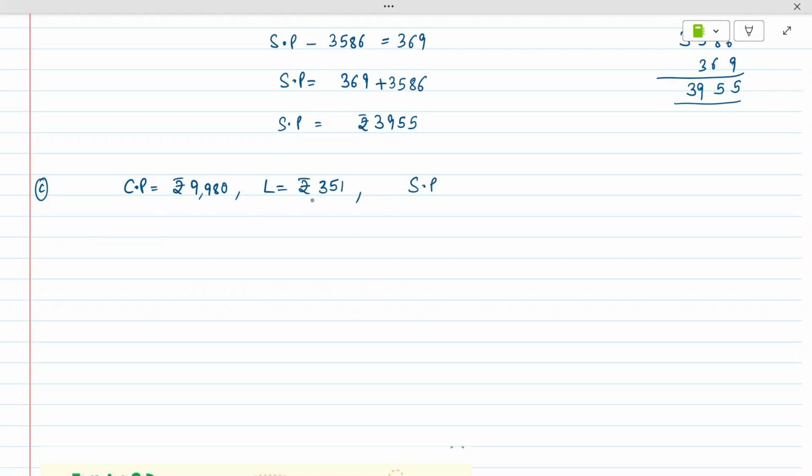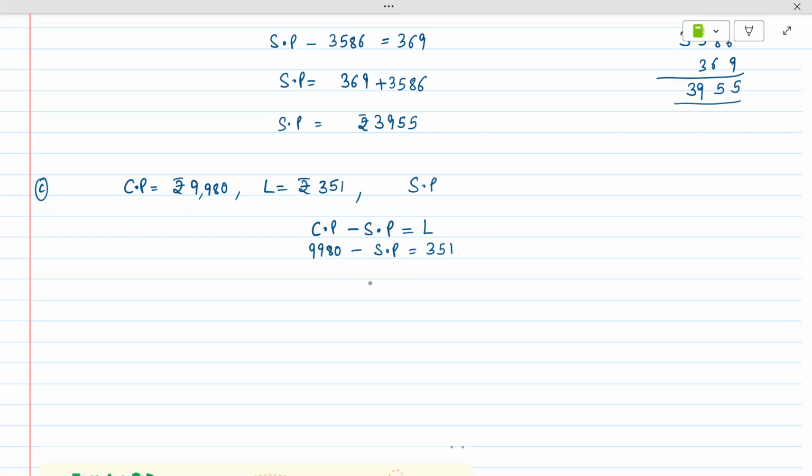So kids, since it is a case of loss, the formula we are going to use is CP minus SP is equal to loss. Put the values: 9980 minus SP is equal to 351. What are we going to do next?